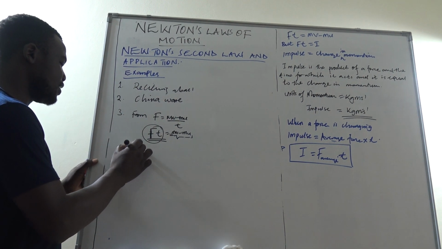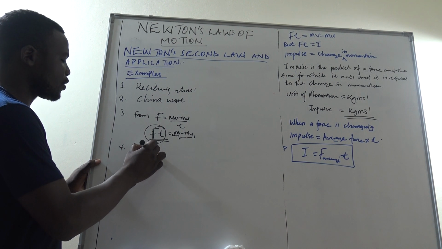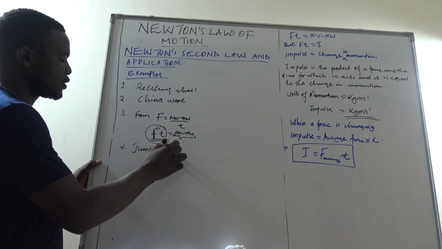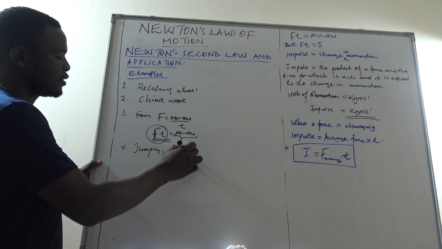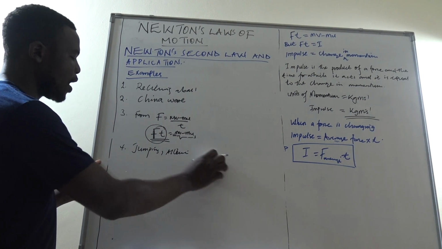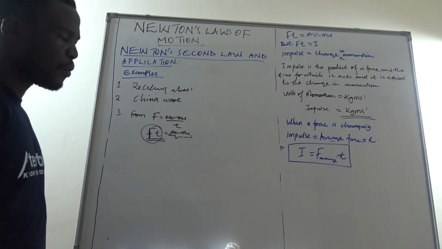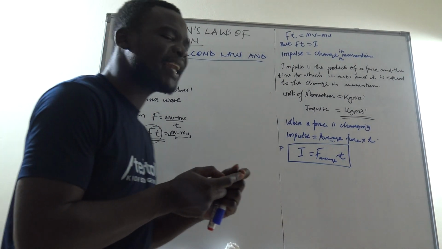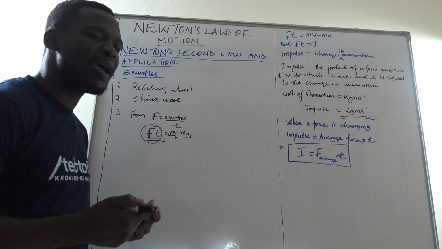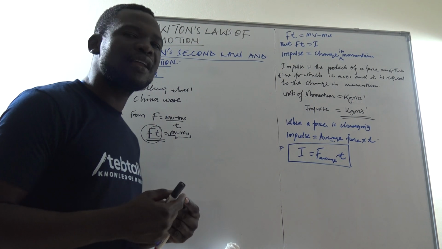The other one is we are looking at long jumpers, the athletes. Now, for the long jumpers, when they are jumping towards landing, they tend to bend their knees. Why do they bend their knees?